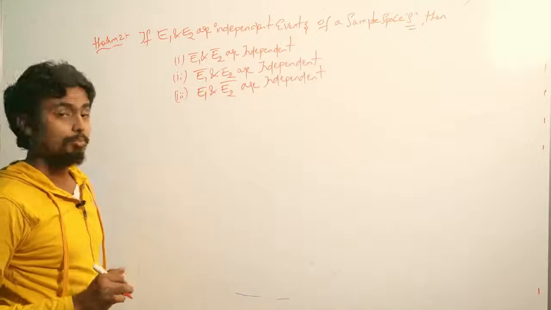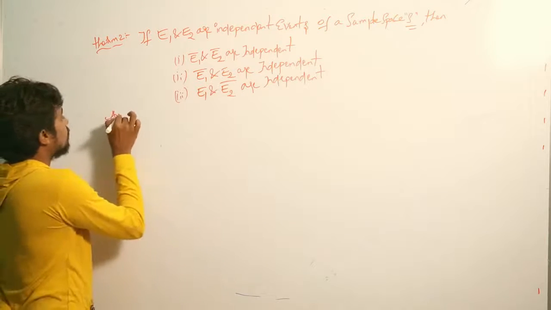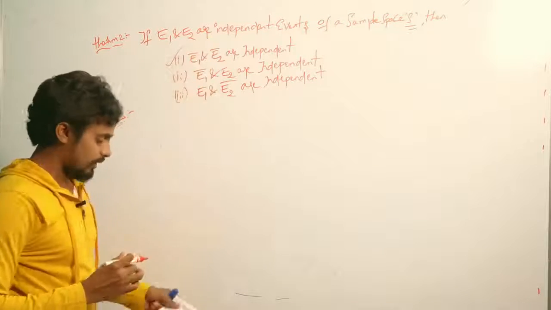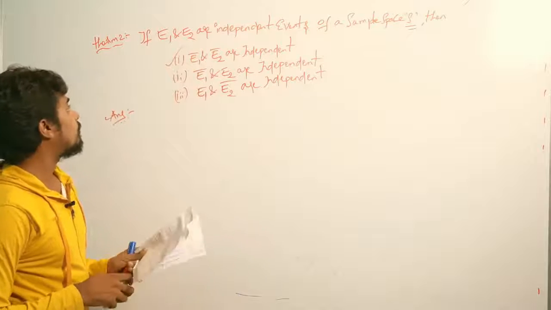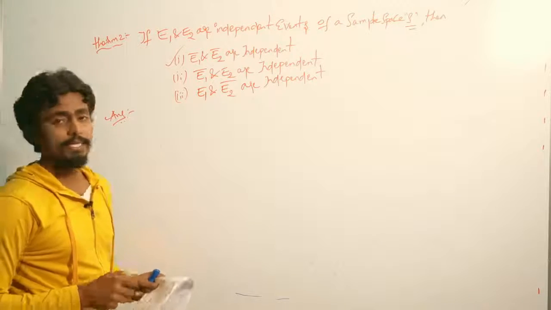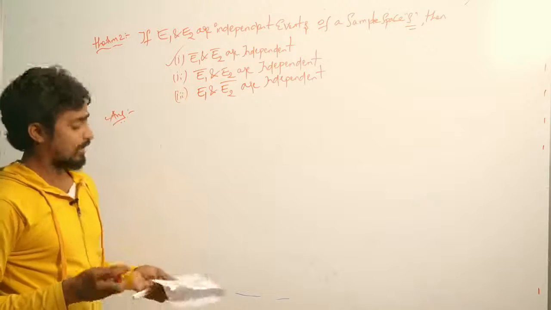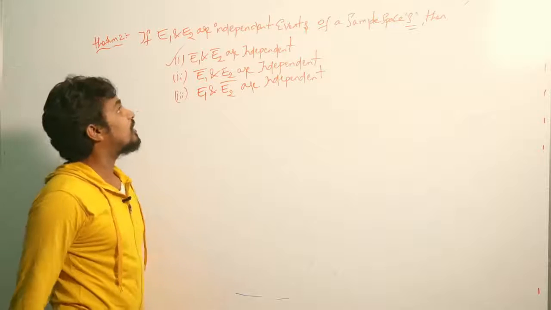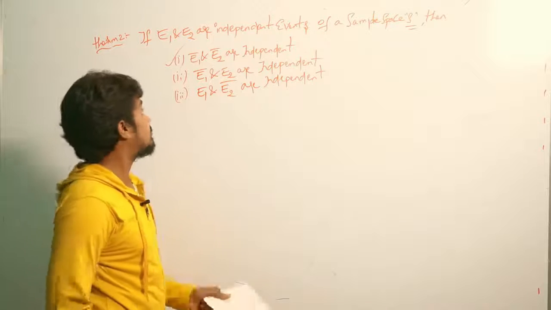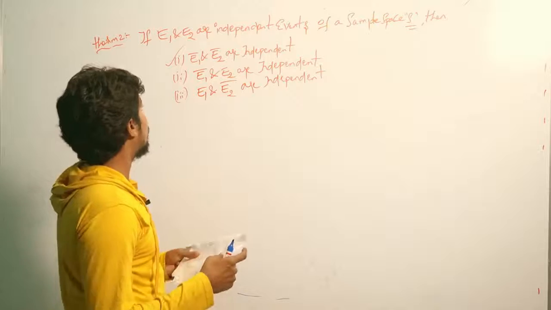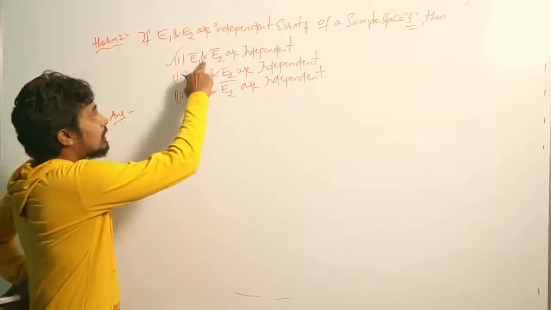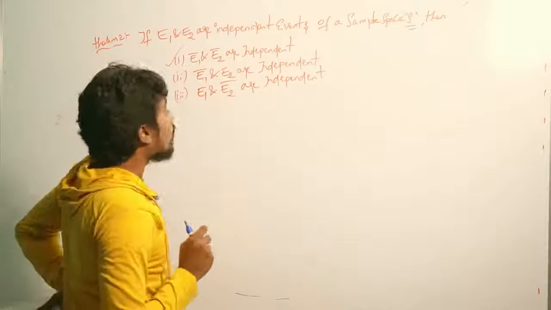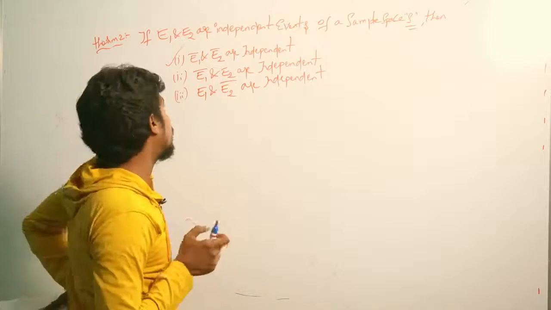Okay, let's see the proof for this. First case, E1 bar and E2 bar are independent. Here also they will be given two events, E1 and E2, of a sample space. If you see the "and", you have to put the intersection. "Or" means you have to put the union.